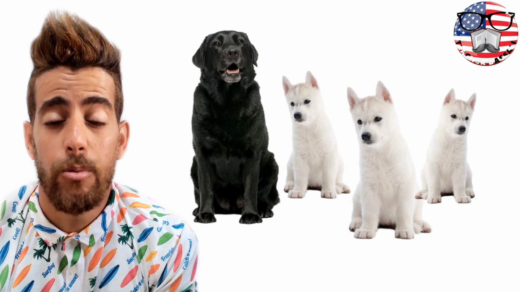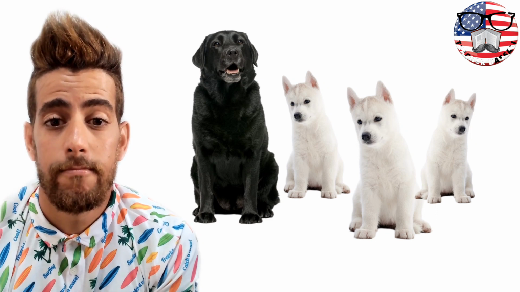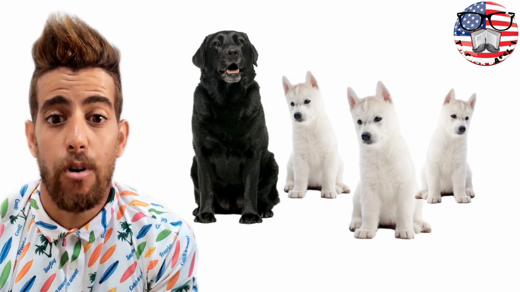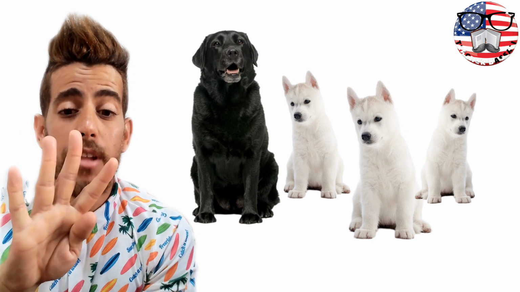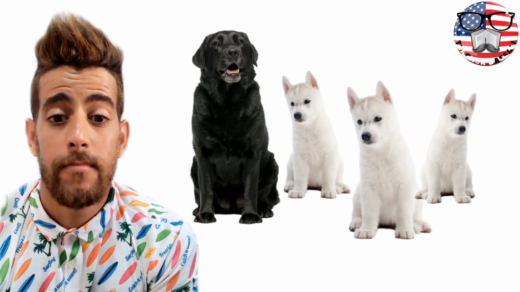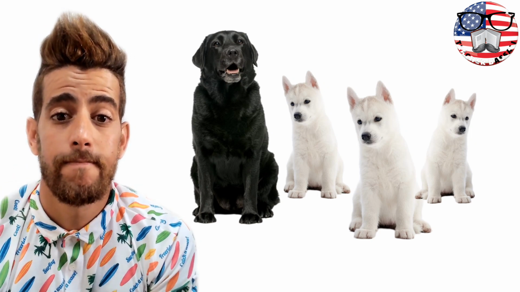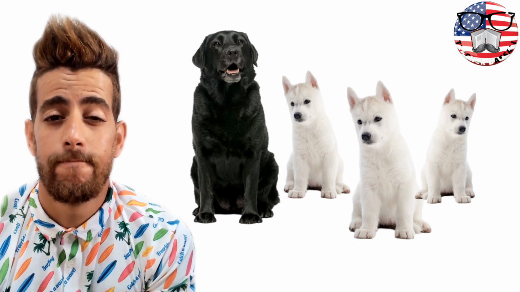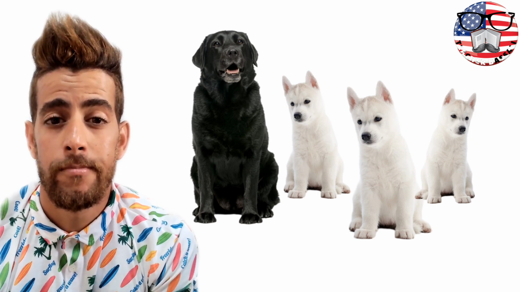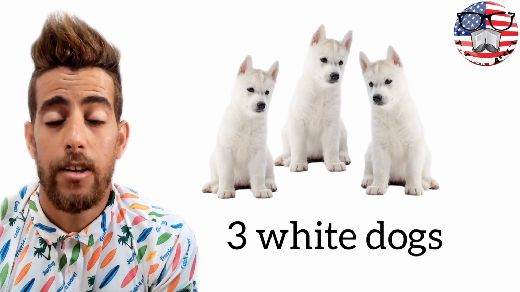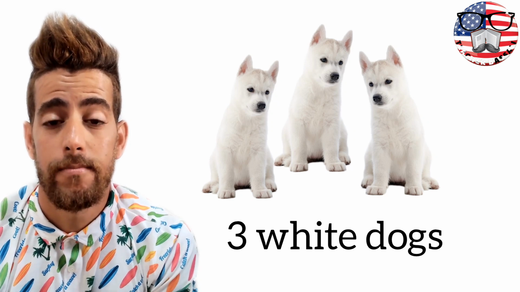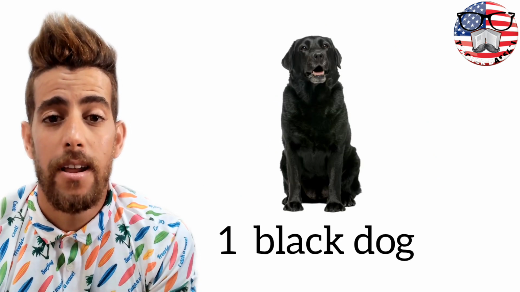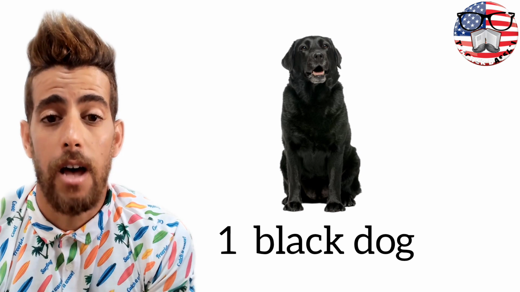Now I want you to have a look at this photo and think about it. How many dogs do we have here? 4. Yes, we have 4 dogs. Are they the same? No. We have 3 white dogs and 1 black dog.